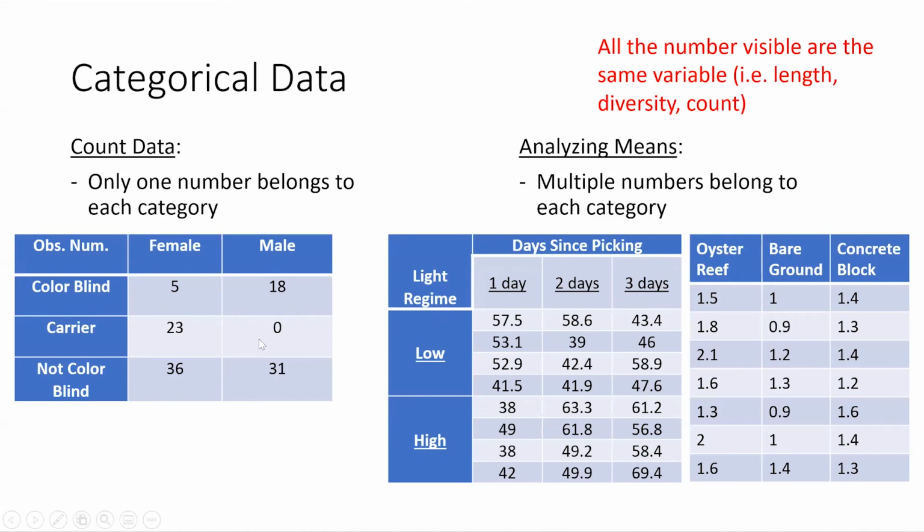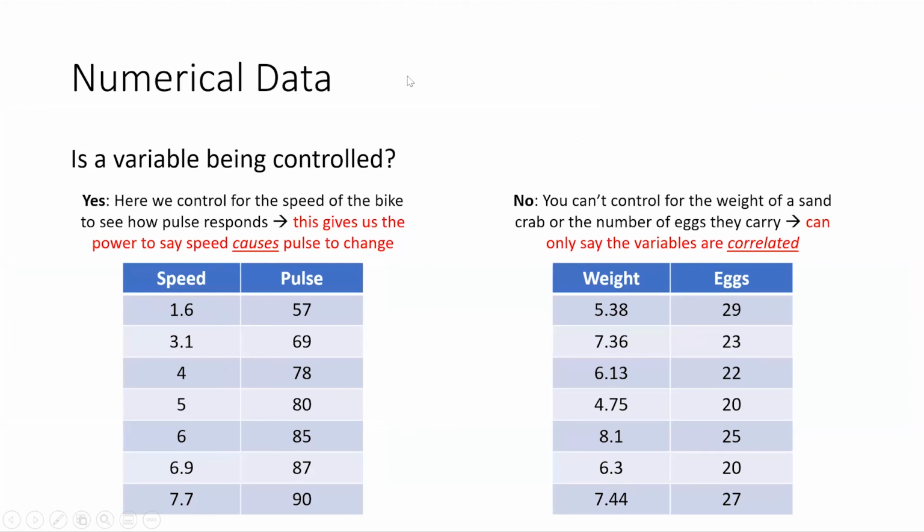Not important to you now, but this would be a chi-square, this would be a 2-way ANOVA, and this would be a 1-way ANOVA. There are very specific data setups that cue you to which type of analysis it's set up for. We're looking at numerical data, so we're not looking at whether a category is causing a difference between something.